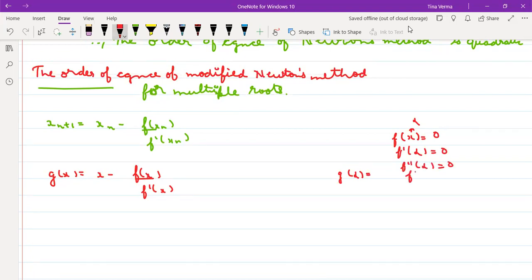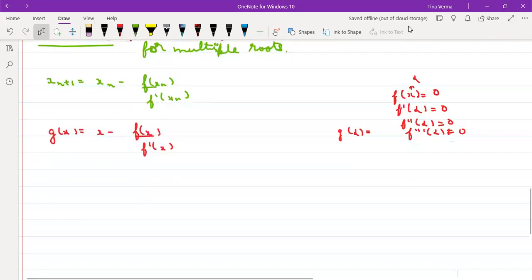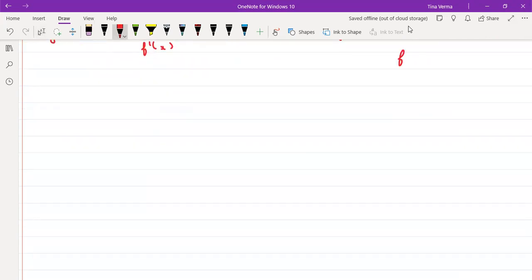If it has multiplicity 3, then the third derivative will not be 0, right? So f of alpha will be 0, f dash alpha will be 0, then this will become 0 upon 0 form.